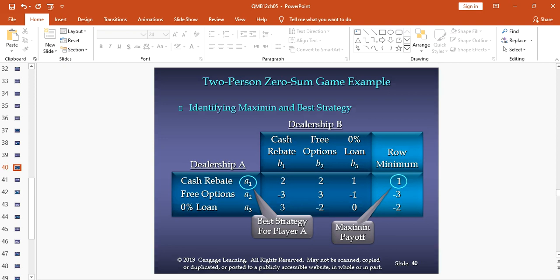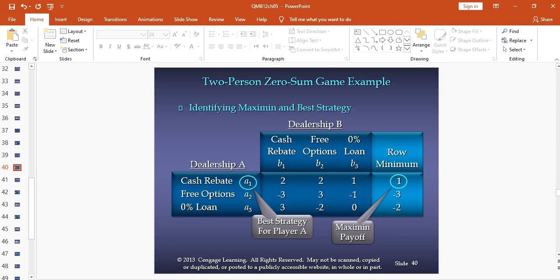First, we find the minimum payoffs of each strategy for dealership A. And then we select the maximum of the minimums, maximum payoff. Okay, let me clearly repeat it. First step we do, we will find the minimum of each row over here, and then the highest minimum, the highest of these.